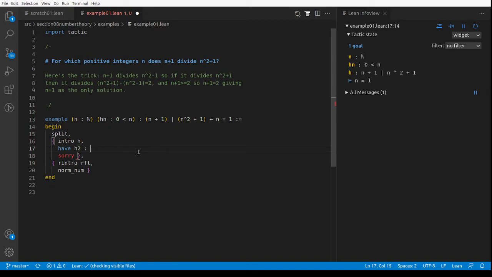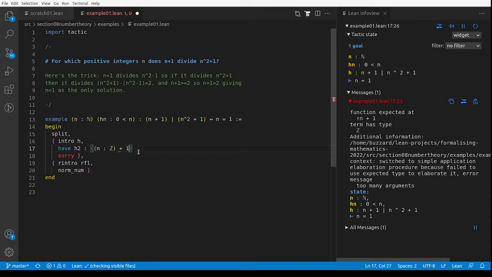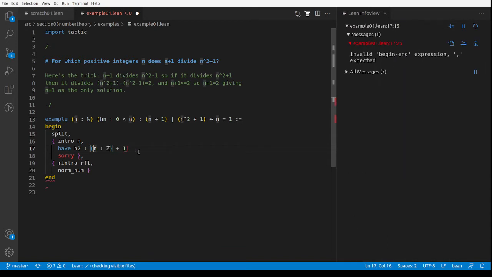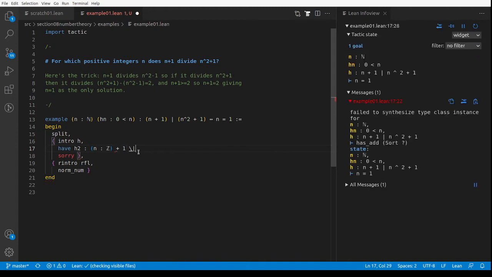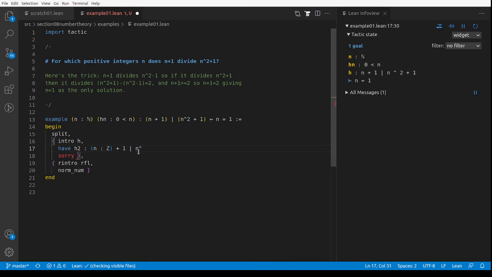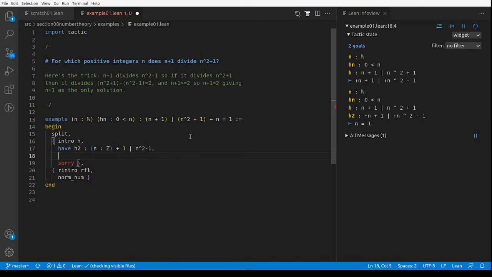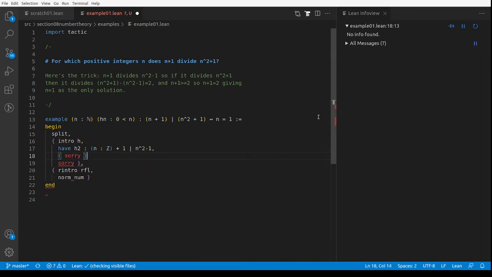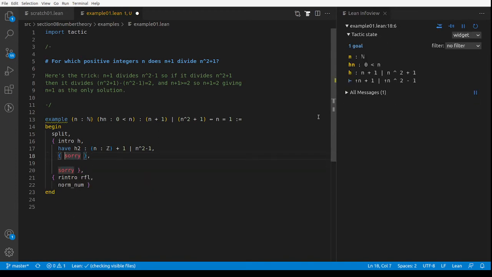The issue is I want to treat n as an integer, so I'm going to do this. n as an integer plus 1. I don't need the brackets. n as an integer plus 1 divides n squared minus 1. You can see the goal, right? It's always good to have just one goal.